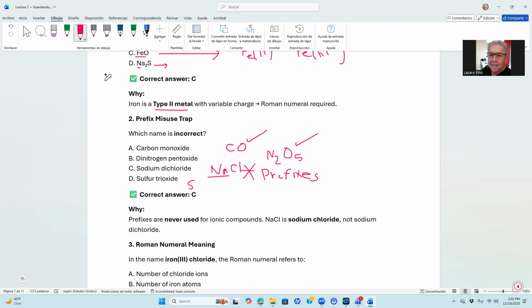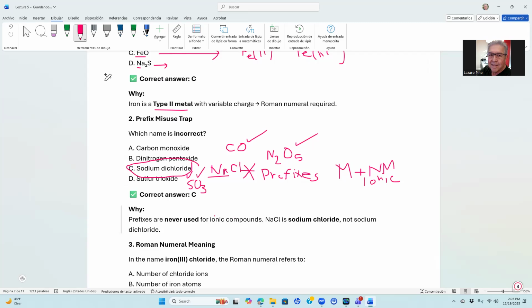Sulfur dioxide, trioxide, sorry, is a non-metal with a non-metal. The only case where you don't use prefixes is sodium chloride, because it's a metal and a non-metal. In this case, you have ionic compounds and you don't have to use prefixes.